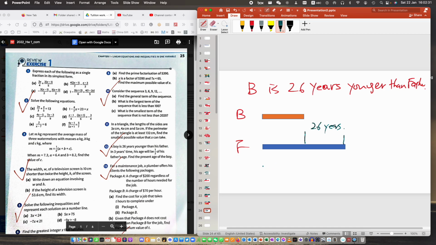So if I call it F, F is equal to this and this, right? Minus or plus?